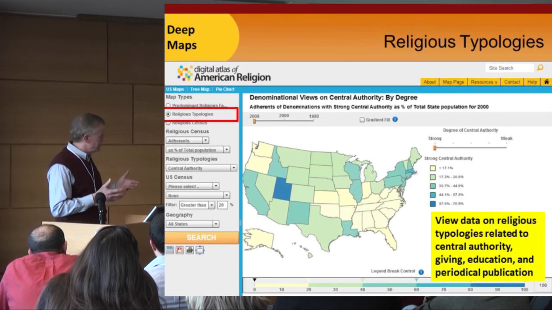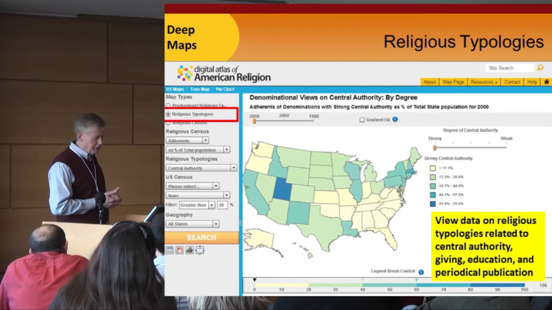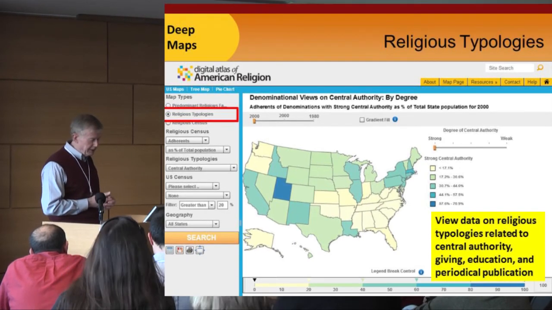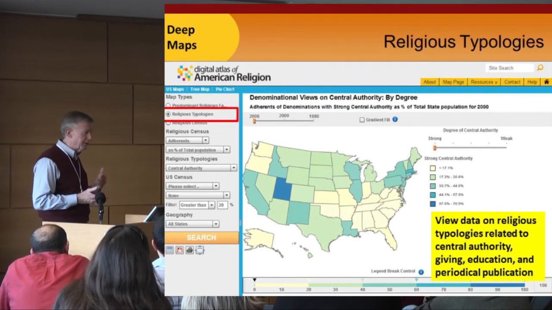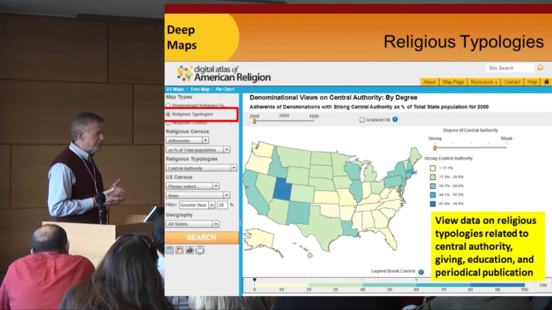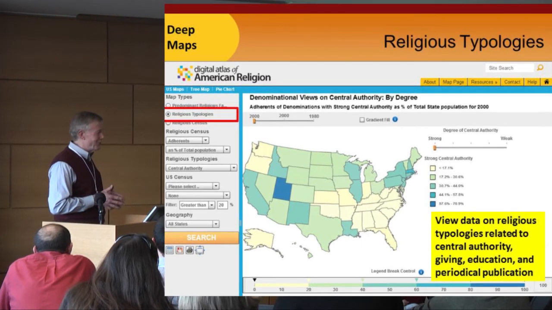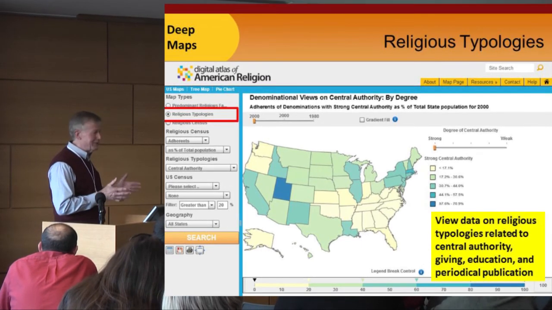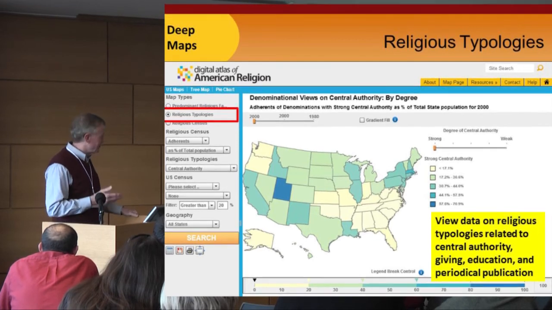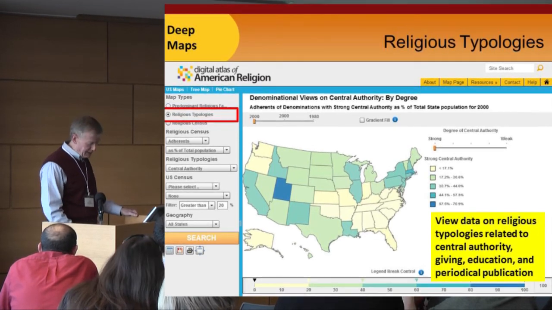And so what we have done is we have collected and ranked all of that. We've done the same thing with giving and educational and periodical publication. These are some of the programmatic information that's been reported. Periodical publication is going to become meaningless in the next iteration because most denominations are leaving periodicals and moving to the web, and we're not quite sure how we'll capture that.